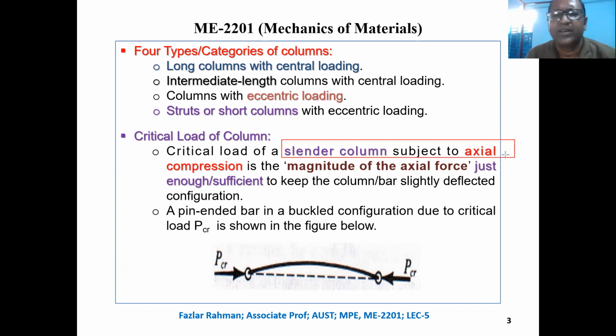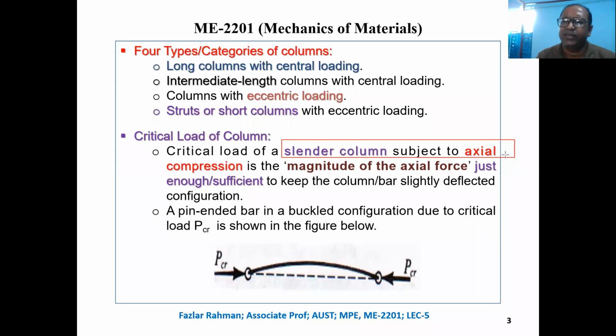What does it mean? That means you need to compare the height and the cross section. Sometimes you see a human body is very tall, he might weigh more than you, but because he is very tall, he looks like a slim body, right? But sometimes you see a shorter body, the weight is not that much, but he still looks like he has more weight, right? So what I'm saying is, whether a column is slim or slender depends on the cross section of the column and also the length of the column.